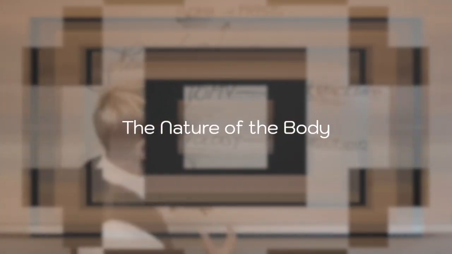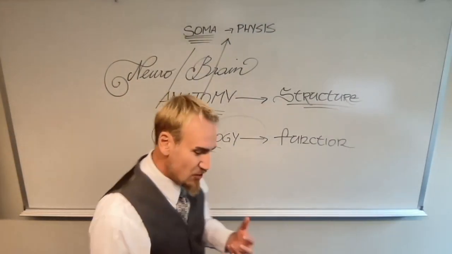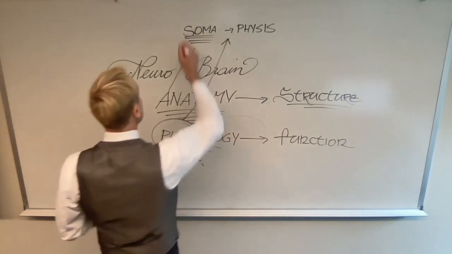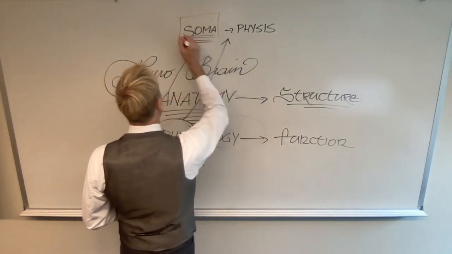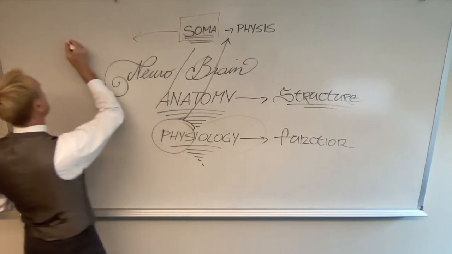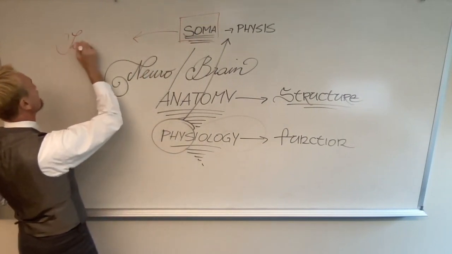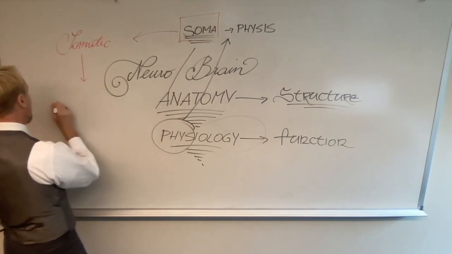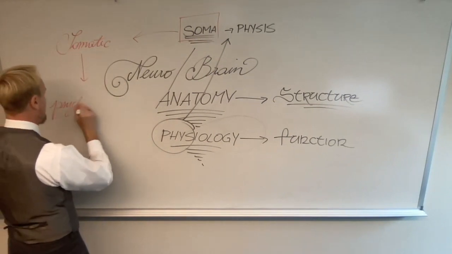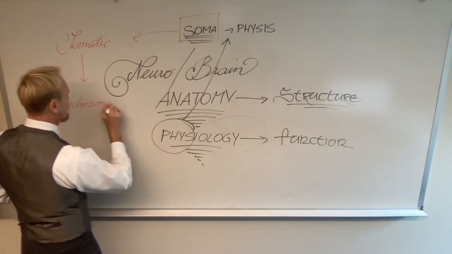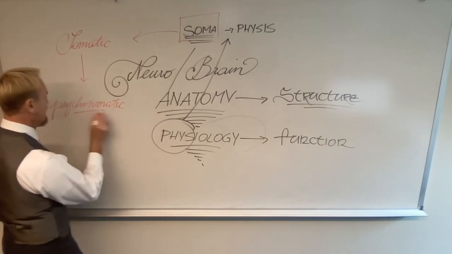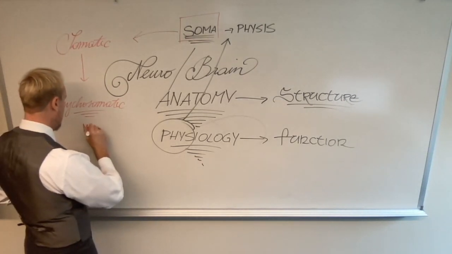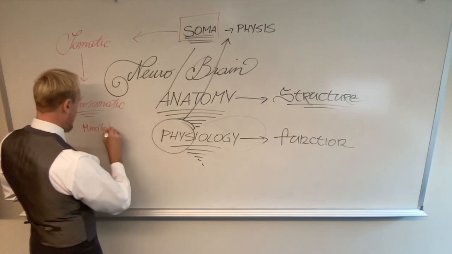So soma and physis are both terms related to our body, so to speak, but the main difference is that in this case, we are dealing with the body itself, and that's how we got the adjective somatic, okay? Somatic, or even better in our context, psychosomatic. So a combination of mind and body. This is connected to the mind and body connection.